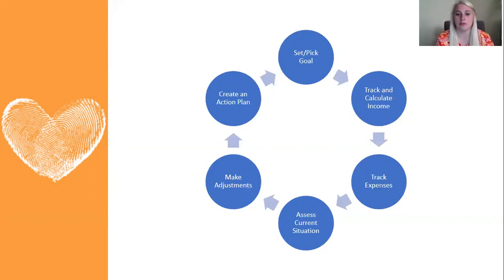The next thing is making adjustments. Once you really assess where you are, it's going to help you realize if you need to adjust in a good way or in a bad way. By adjusting in a good way, I mean, are you able to start putting more money into savings? Or in a bad way, are you going to have to start cutting things in your budget or really start to track and keep on top of it? That's what maximizing income is.